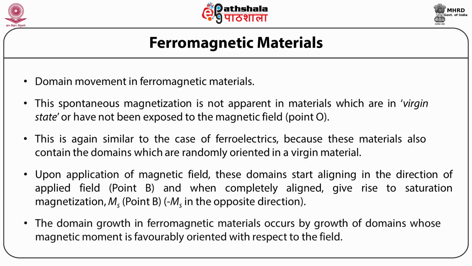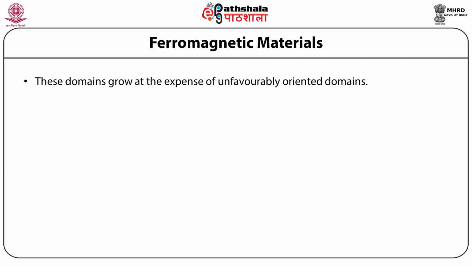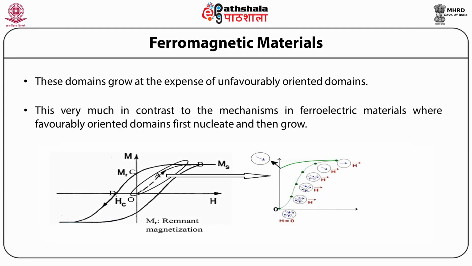The domain growth in ferromagnetic materials occurs by the growth of domains whose magnetic moment is favorably oriented with respect to the field. These domains grow at the expense of unfavorably oriented domains. This is very much in contrast to the mechanism in ferroelectric materials, where favorably oriented domains first nucleate and then grow.